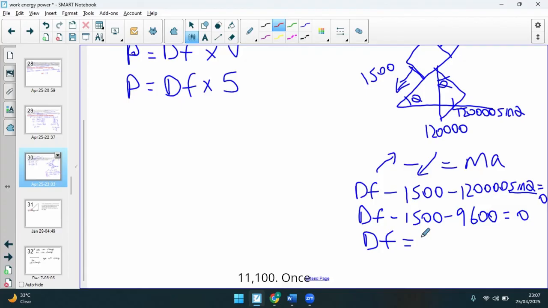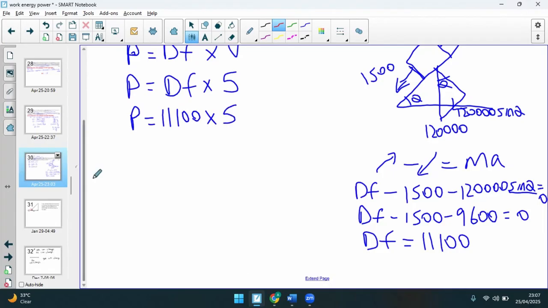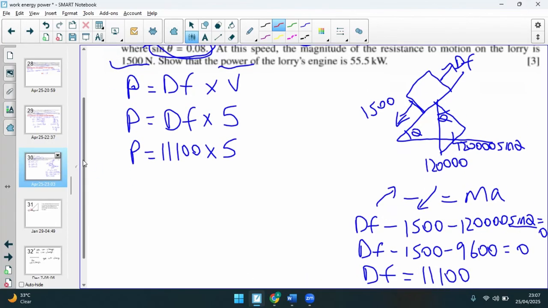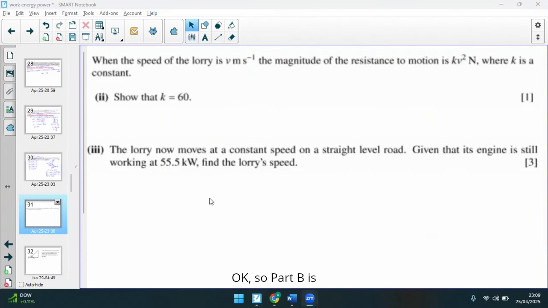Once you've got this, put it into here, and that should give you 55,500, right? Which is the same as that. Okay, so part B is this. This is part B, right?